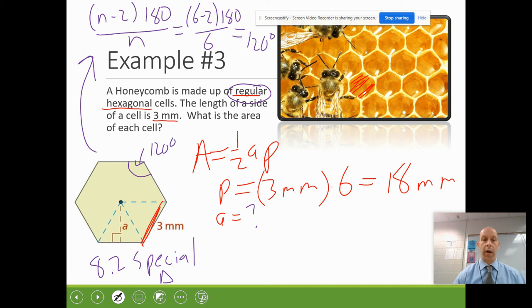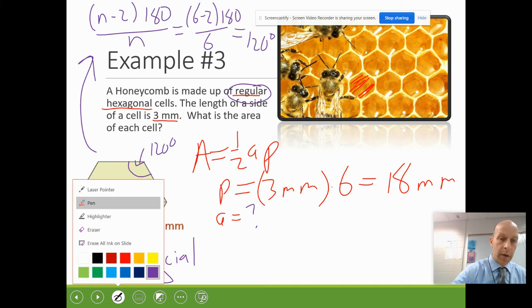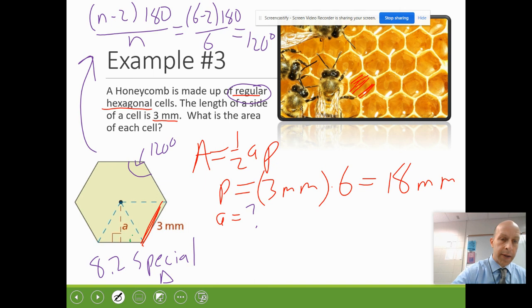Now, if that angle is 120 degrees, what would this angle right here be? Well, again, the radii are going to bisect that angle, so that's just going to be half of that. So that angle is going to be 60. In other words, we're going to have a triangle like this. I'm pulling this triangle out right here. We know that this is 60 degrees.